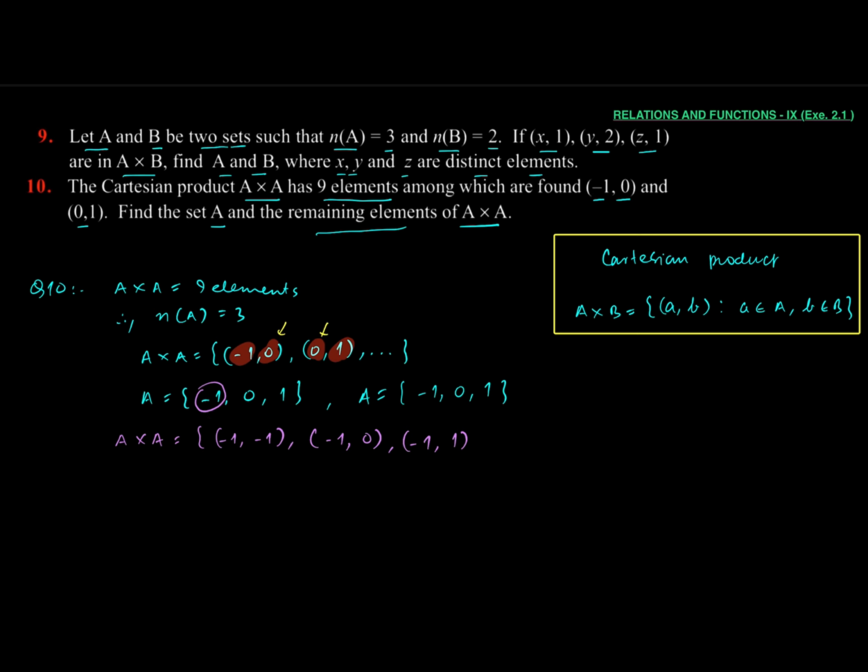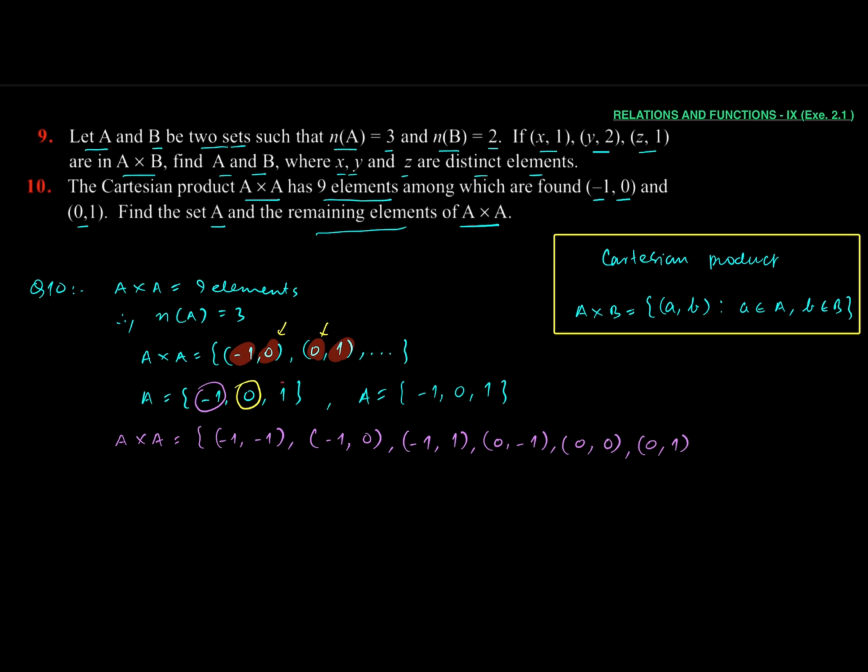Now we'll be forming ordered pairs of this element, 0, with each element of this set. So the next element will be (0, -1), the next element will be (0, 0), and the next one will be (0, 1).